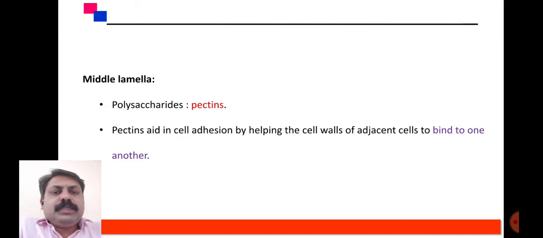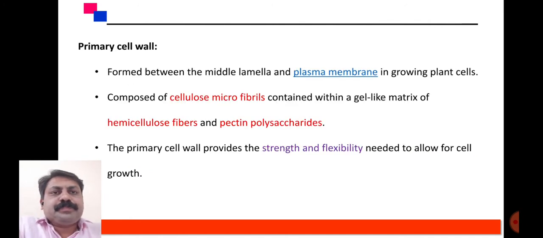Now the middle lamella, primary wall and secondary wall each has its own chemical composition. The middle lamella is basically composed of polysaccharides and specifically pectins, and these pectins help in cell adhesion. That means it helps in the interconnection between the cells. So it binds with the adjacent cell.